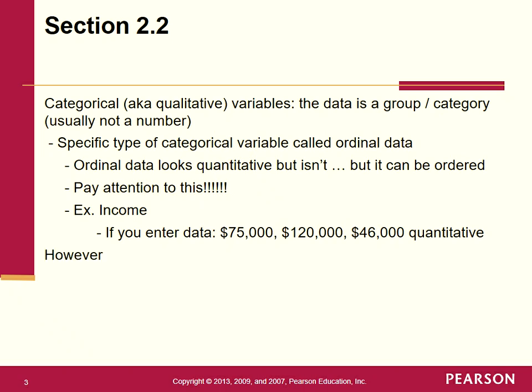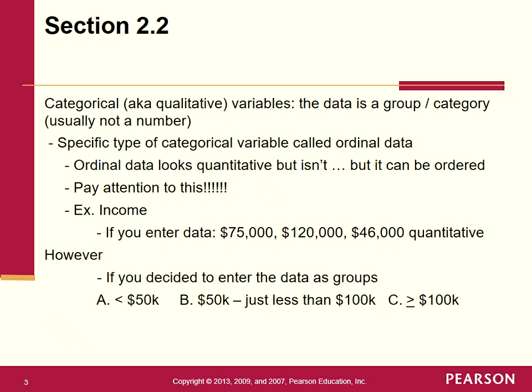However, if you decide to enter the data as groups, so maybe Group A is less than $50,000, Group B is 50,000 to just less than 100,000, and Group C is greater than or equal to 100,000, guess what? You've just changed a quantitative variable into a categorical variable.